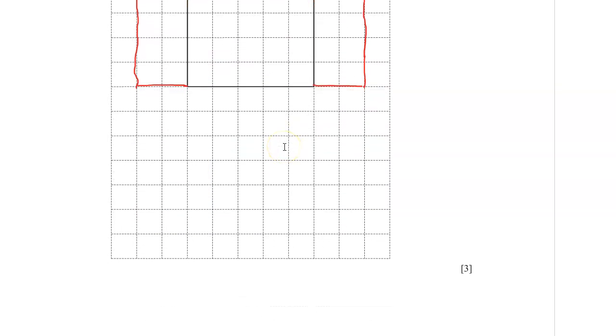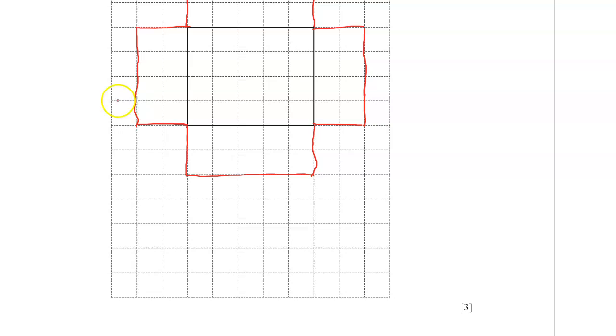There you are. The other side will be this one. Then you draw the top side. The top will be the same as this other side, which has been drawn here. So it will be 1, 2, 3, 4, 5, and then 1, 2, 3, 4.